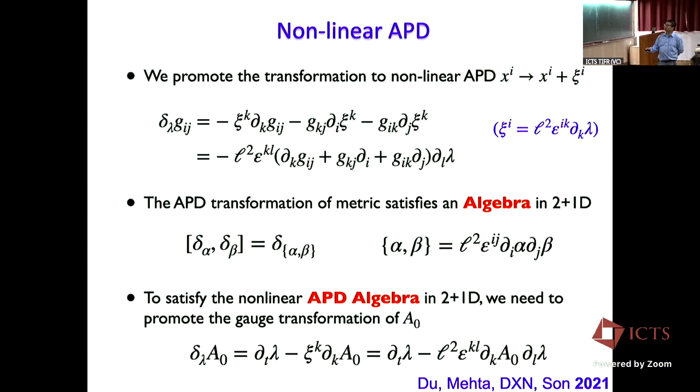The commutation relation of these two transformations equals another area-preserving transformation, but with the generating function being the Poisson bracket of two functions. And now I have the nonlinear transformation of the metric.